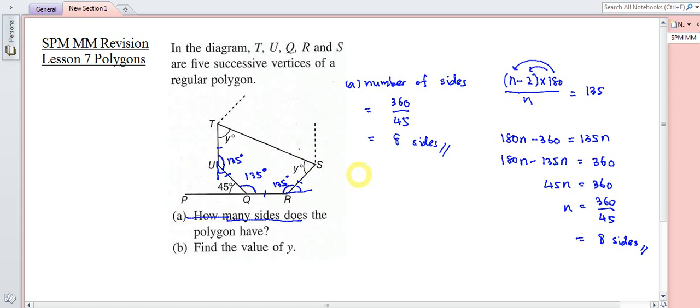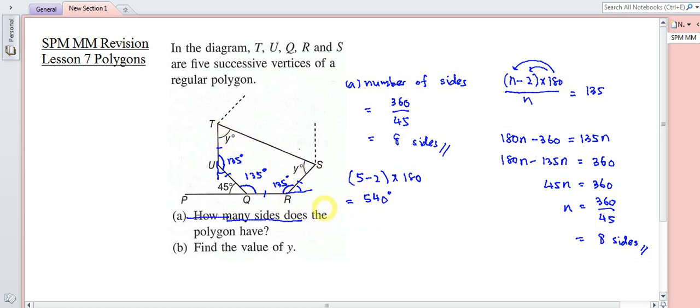So for a pentagon, the sum of the interior angles is (5 minus 2) multiplied by 180, so you will get 540. Why do I take 5? Because you see 1, 2, 3, 4, 5, here you have a pentagon. So we know that when you add up all these interior angles together, you will get 540.